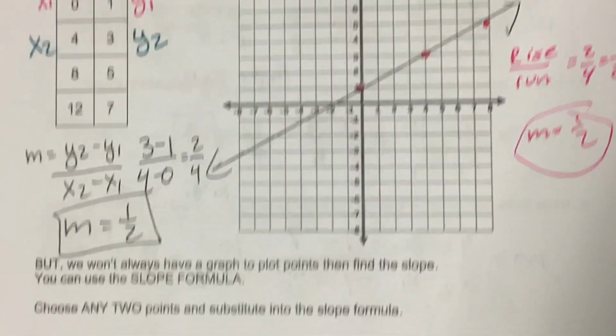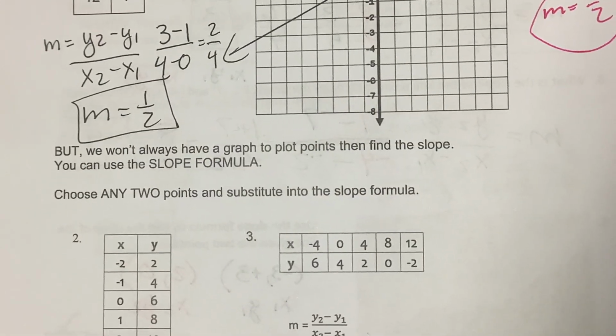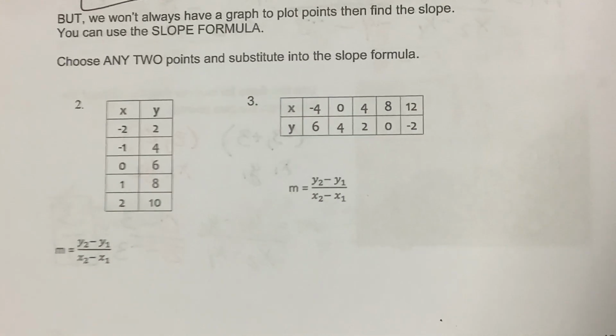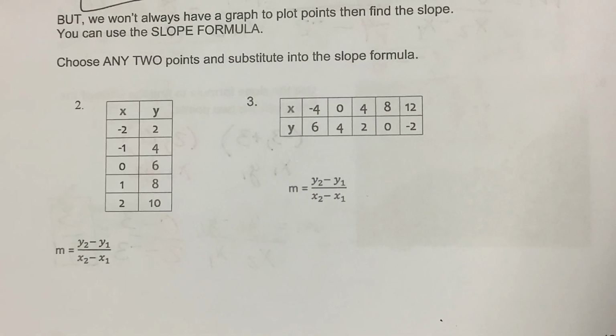I personally think it's easier to just pick 2 points and use those to find the slope. My preference is positive and small numbers.